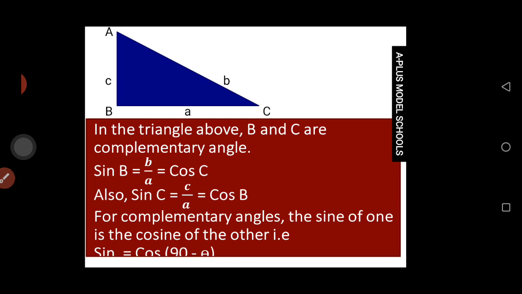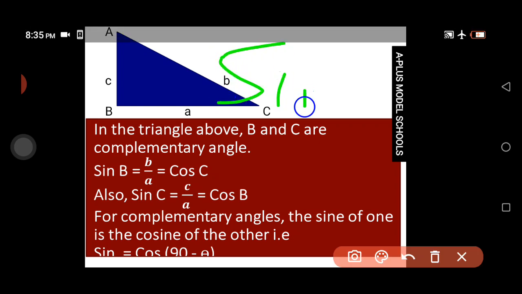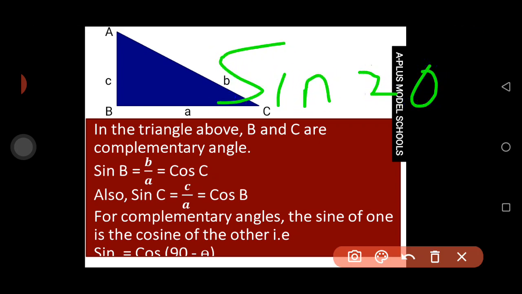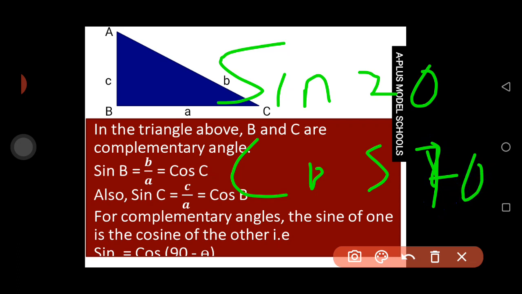Because sine 20 degrees will also be equal to cos 70 degrees.